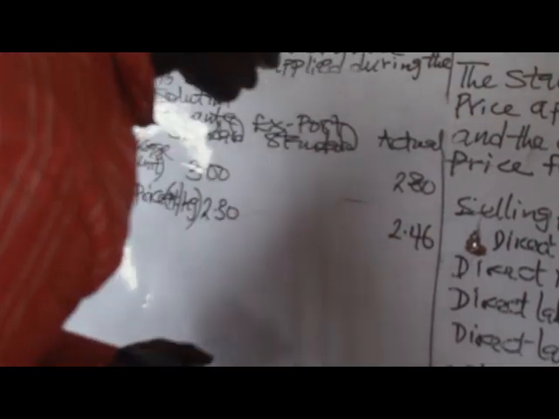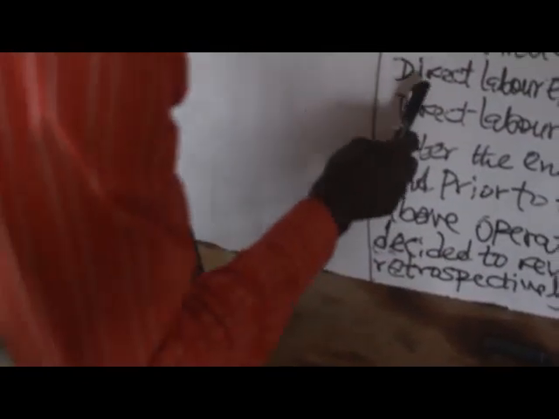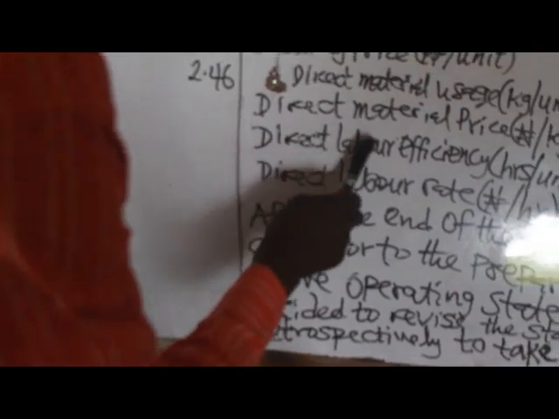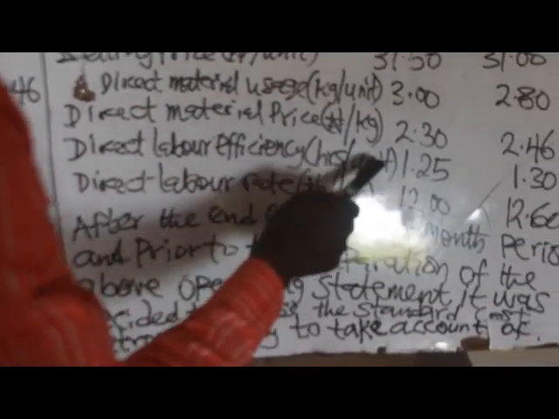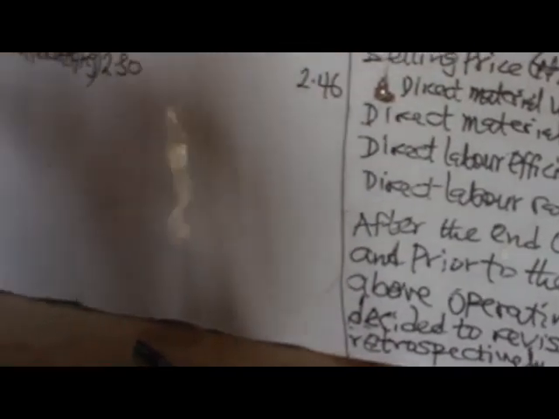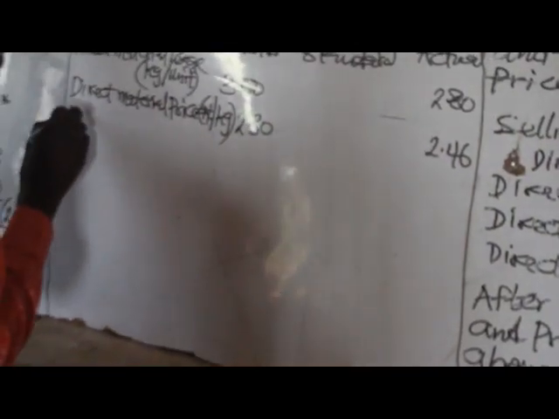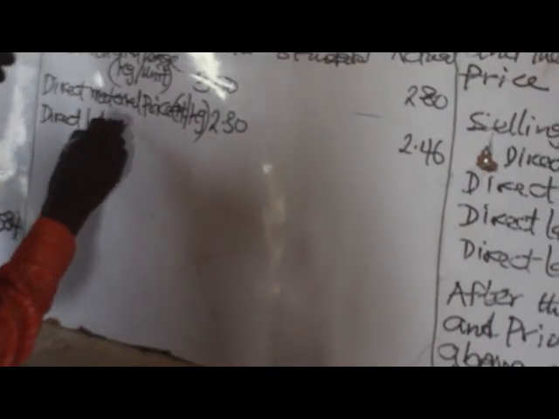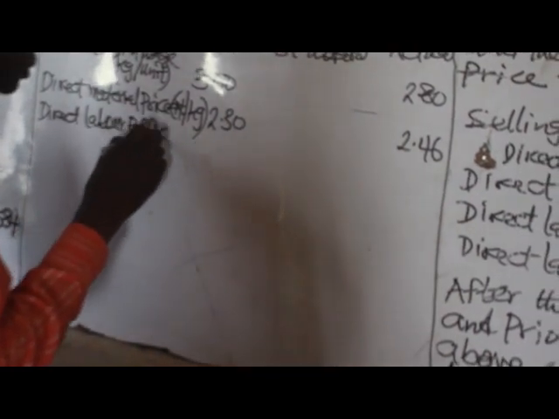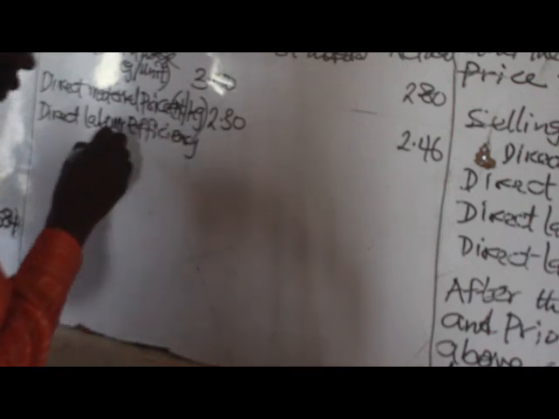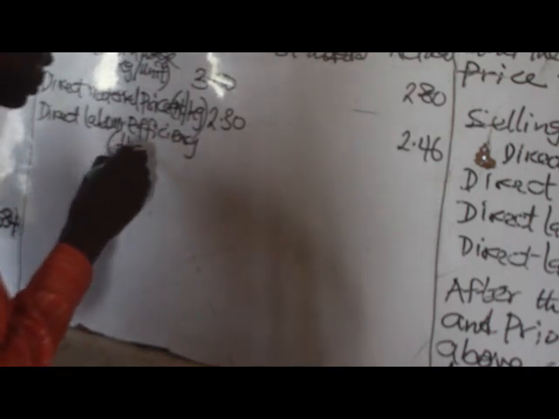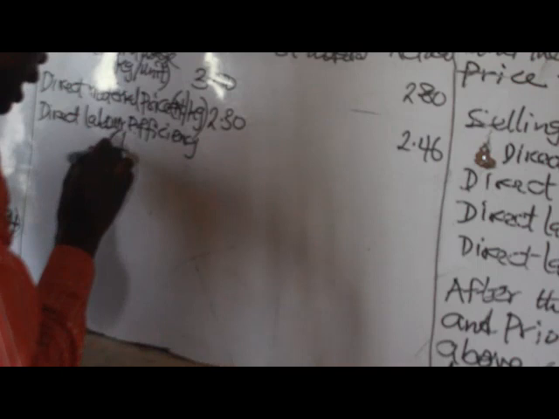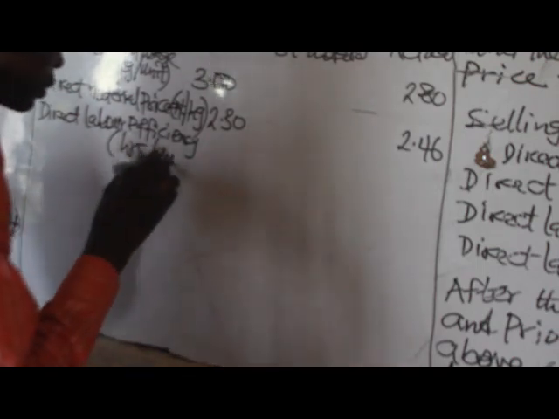Then the next item is direct labor efficiency, hours per unit.